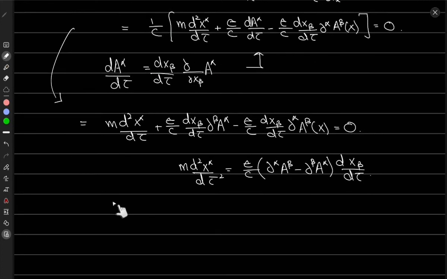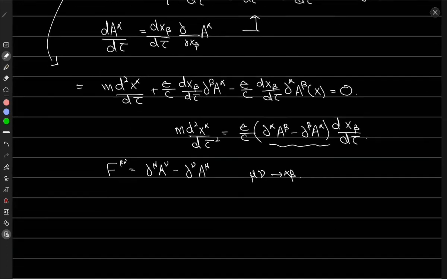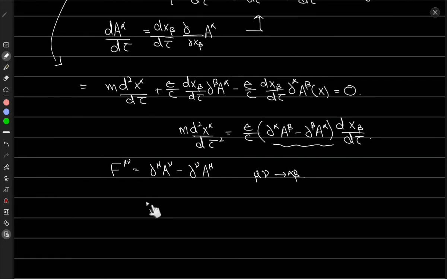Now remember, the electromagnetic field strength tensor, which is F mu nu, is defined as partial mu A nu minus partial nu A mu, right? So you can just replace the indices mu and nu with alpha and beta. So this term is just the electromagnetic field strength tensor, and the equation becomes m d squared x alpha over d tau squared is equal to e over c F alpha beta times dx beta over d tau.